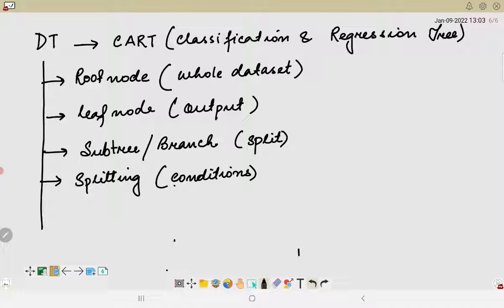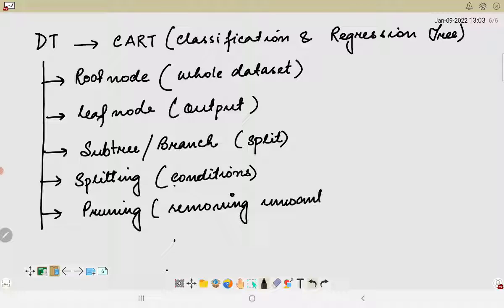The next one is pruning, and pruning is the process, we have also seen this in alpha beta pruning, of removing unwanted branches. If we do not want certain branches, then we have to go for this pruning mechanism, so we can simply remove them.